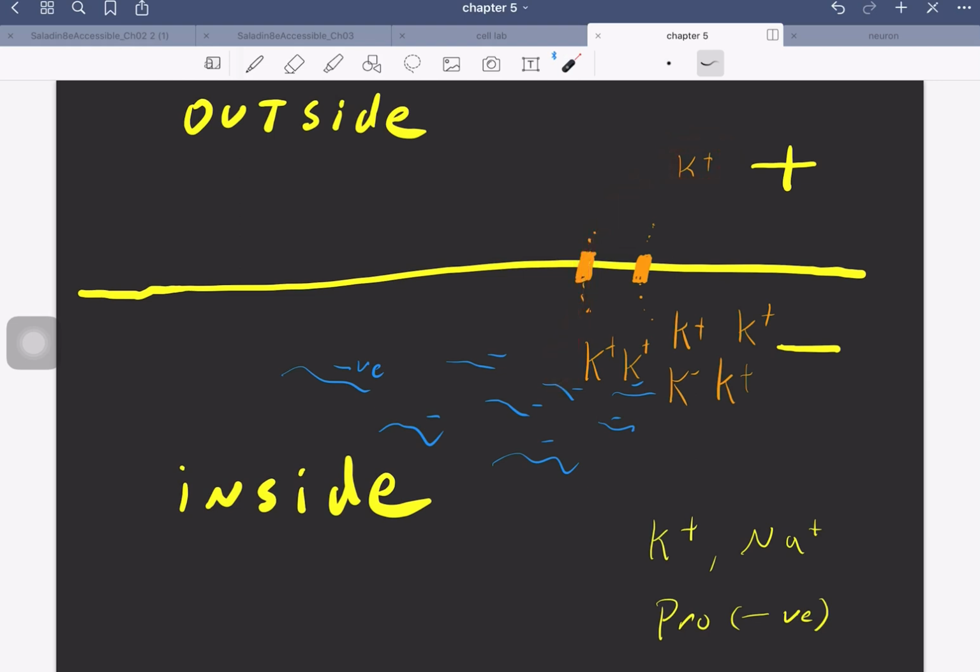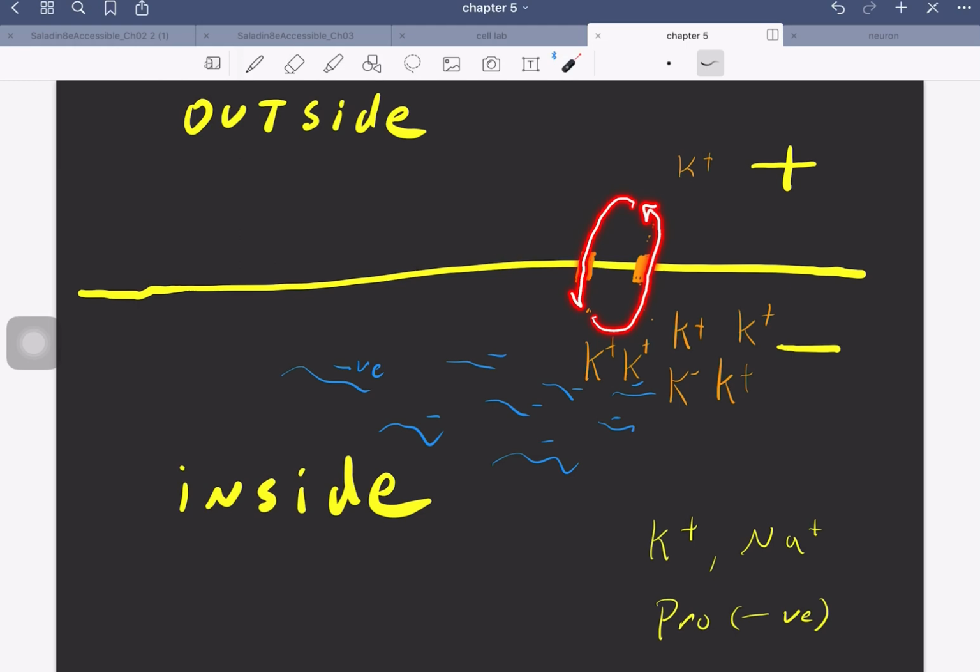And these are just some of the forces that are acting on potassium. So some will leak out, and then re-enter the cell.